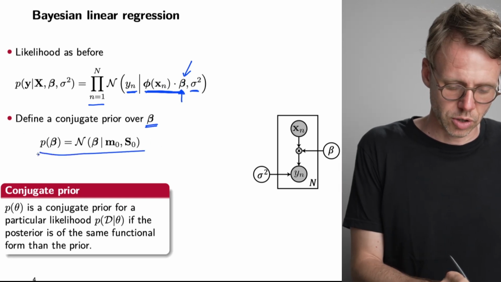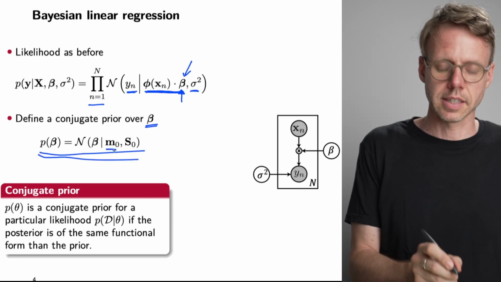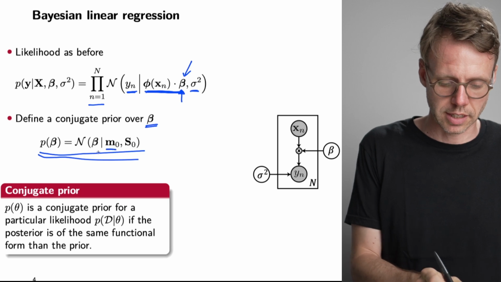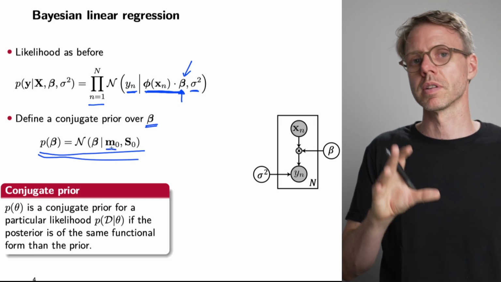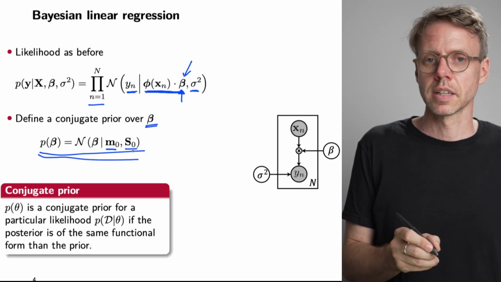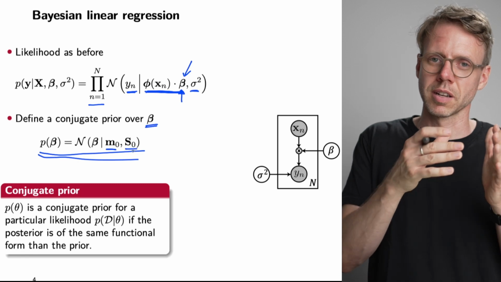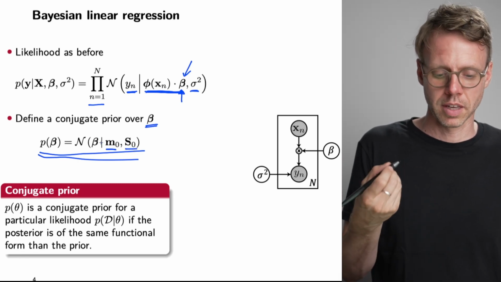So the conjugate prior is a multivariate Gaussian distribution. It has some mean vector that has the same size as beta. The mean vector is denoted by M0, and a covariance matrix that has squared as many entries as beta, that is denoted by S0.